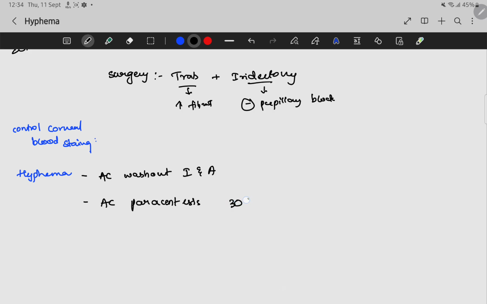We can use a 30 gauge needle at 2 planes. At the iris plane we have to give a clear corneal incision. So here is one and here is one. So 2 stab incisions are needed.